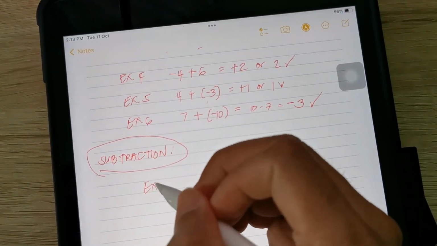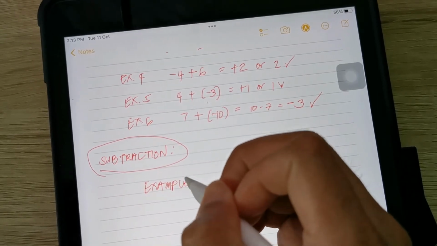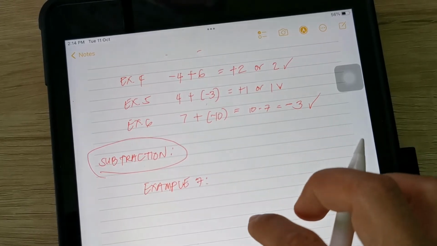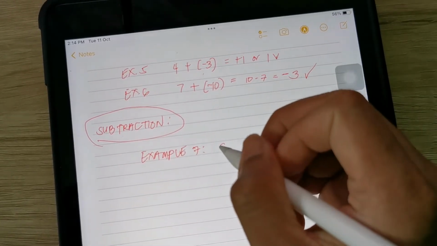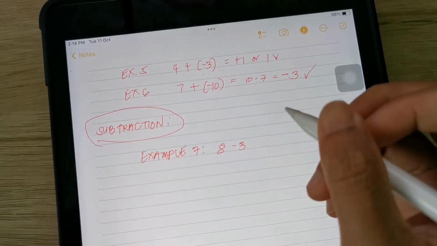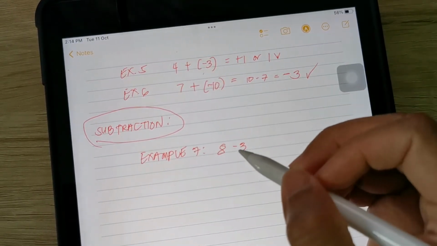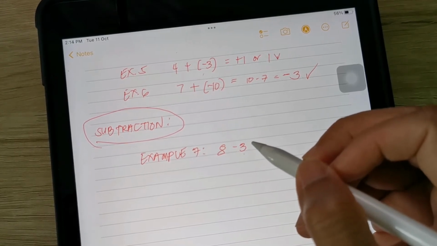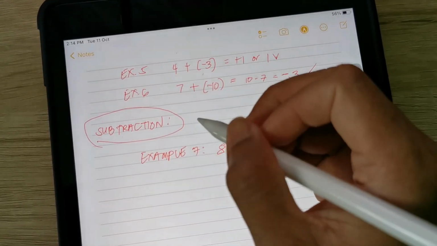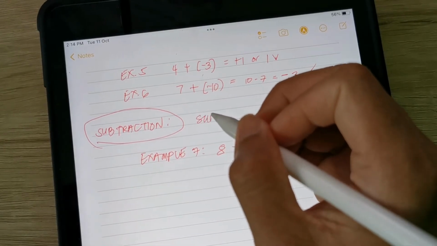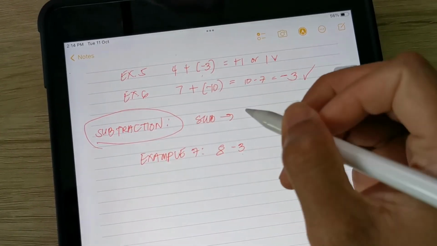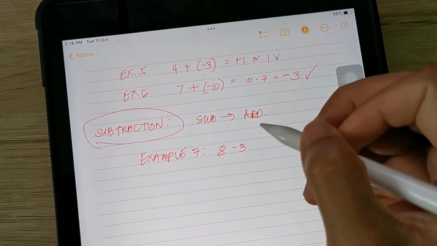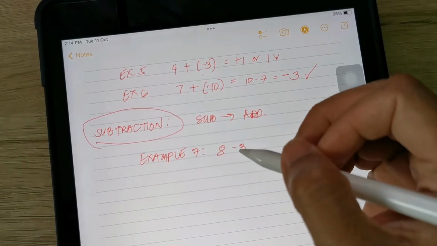Example, 8 minus 3. So, ang 8 is positive, ang 3 is positive din. So, ang gagawin natin, di ba, subtraction muna, then go to addition by changing the sign of the number after the subtraction sign.